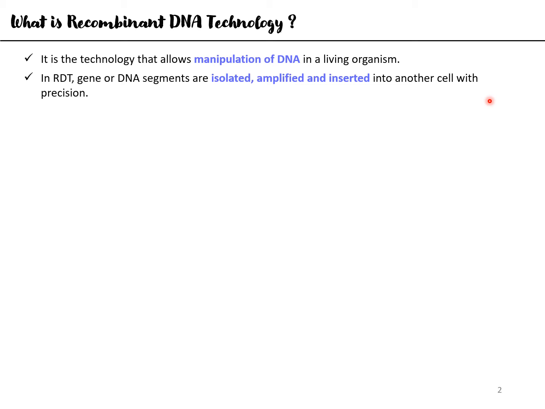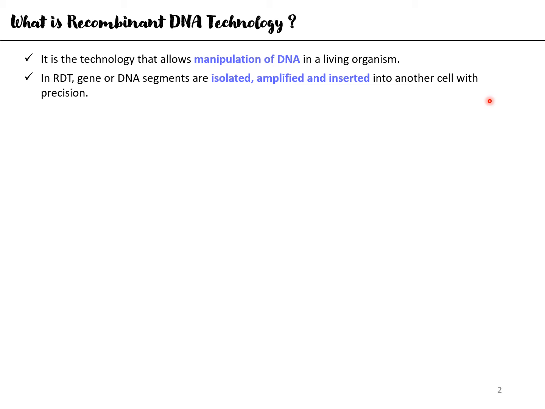Now, why with precision? Let us say that when you're inserting your DNA, there's a mutation in a single amino acid residue, and this mutation is brought about by a single nucleotide mutation at the DNA level. This one mutation can actually render your protein completely non-functional, completely useless. So precision is of utmost importance.